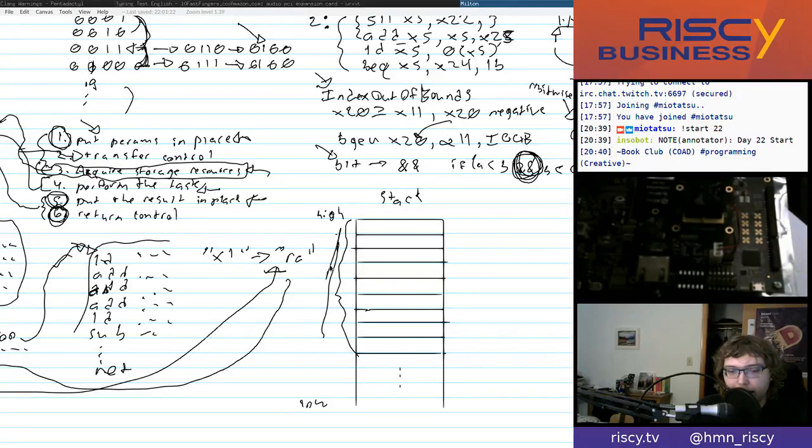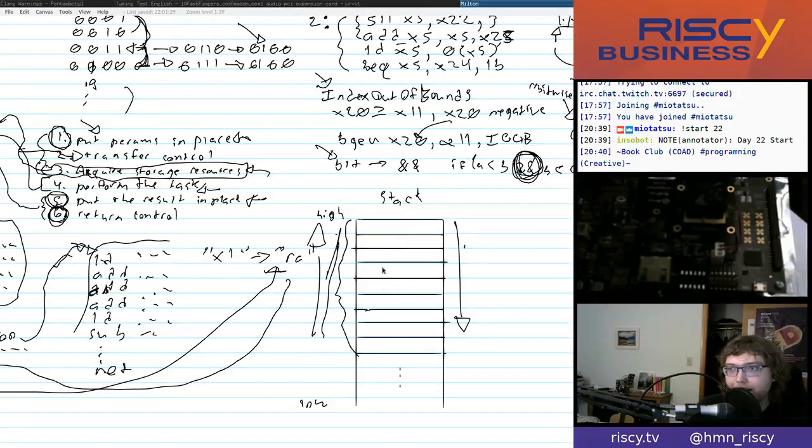So when you allocated, you grabbed a bunch of space like this, but then when you're done, you free it again. You just send the stack pointer back up towards a higher address, and that's basically how that works. And then you jump back to wherever you need to jump.